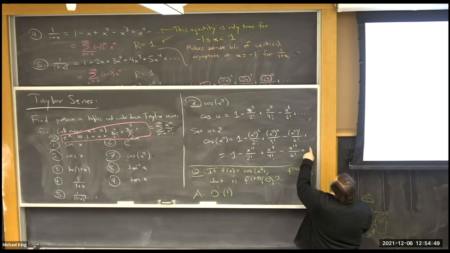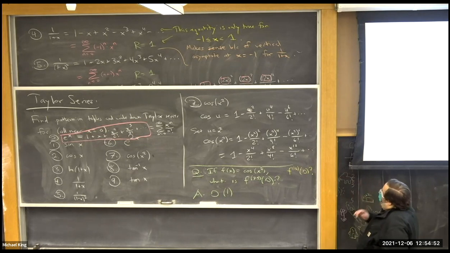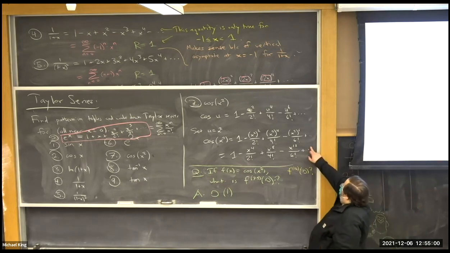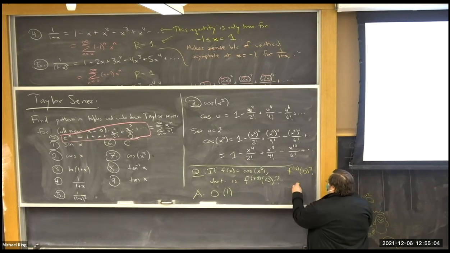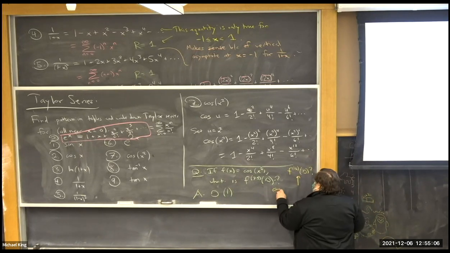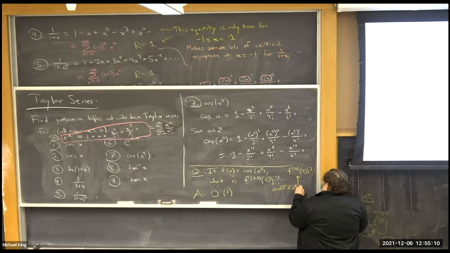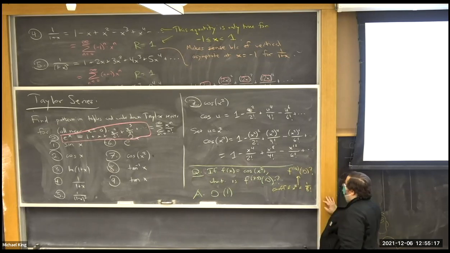So the next term is going to be what? Yeah, so it'll be x to the 16th over 8 factorial. So here the coefficient of x to the 16th is 1 over 8 factorial.